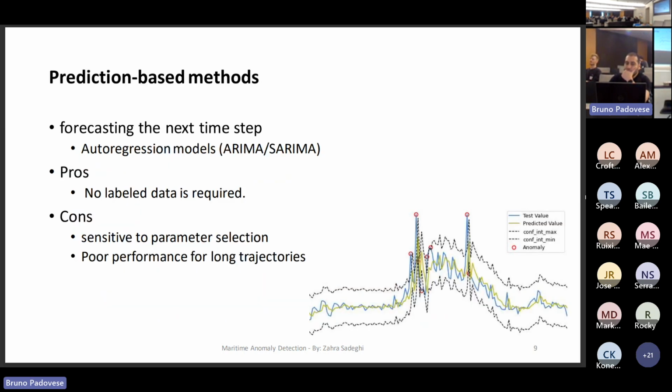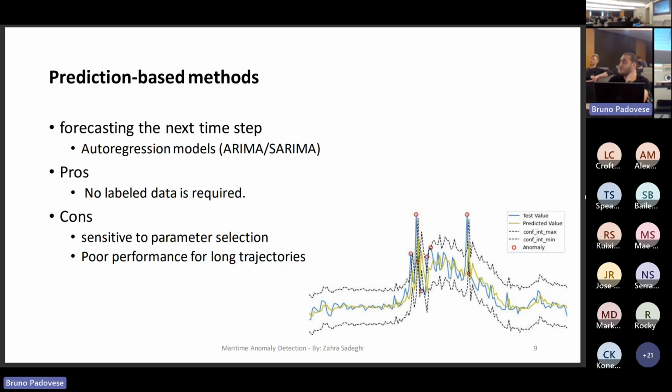And I'm also going to go into more details about some of the other ML techniques for anomaly detection. The first one is prediction-based methods, and the methods from this family try to model the behavior of data using autoregression models such as ARIMA, SARIMA, SARIMAX, ARMA.